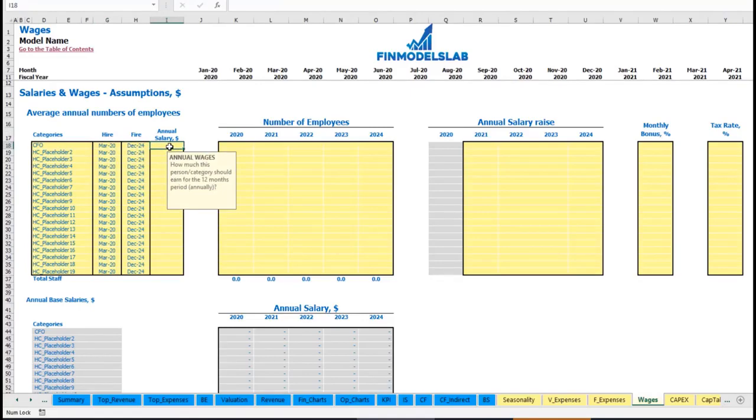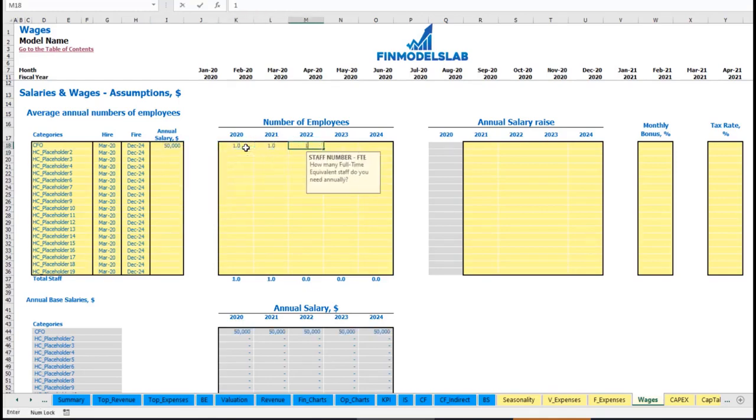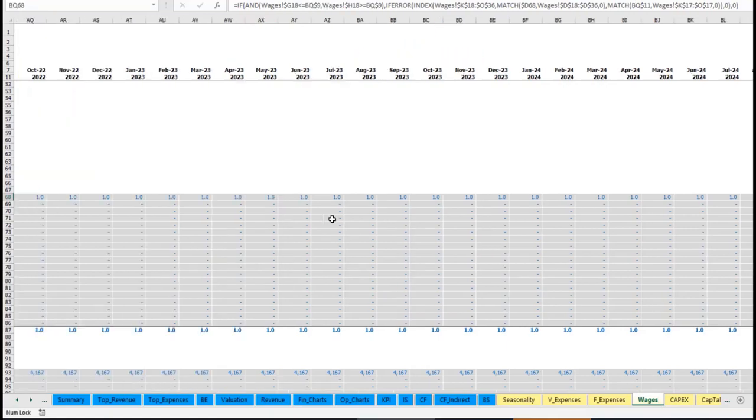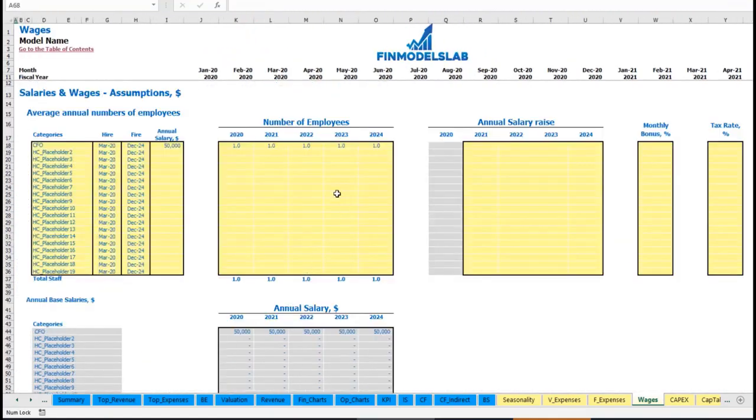So annual salary can be $50,000, and this will be one CFO over the time. So you may see one CFO, which is one headcount, starting from March till the end of the model, which is December 24. Also you can input 5% of salary growth rate.